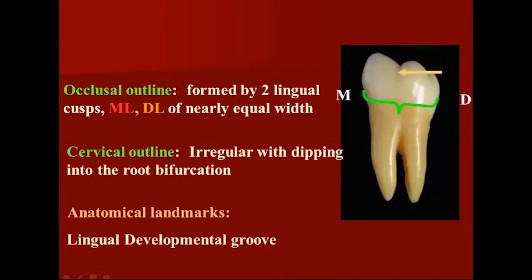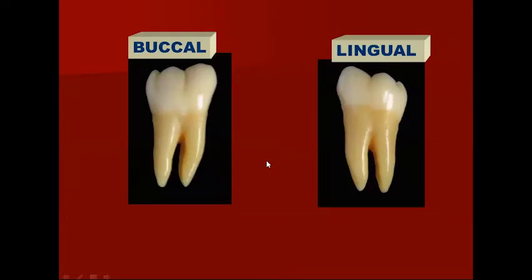Anatomical landmarks, lingual developmental groove. This is a lingual developmental groove. On the lingual aspect, one groove is present, and on the buccal aspect, two grooves are present: distobuccal groove and mesiobuccal groove. This is the buccal aspect, this is the lingual.